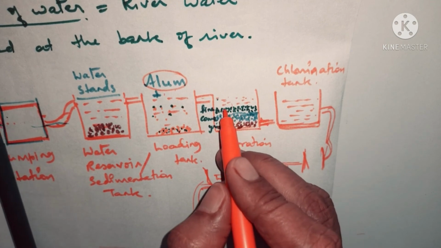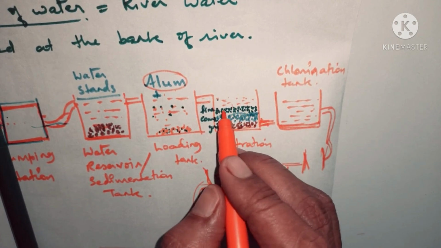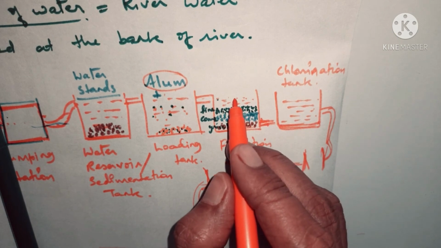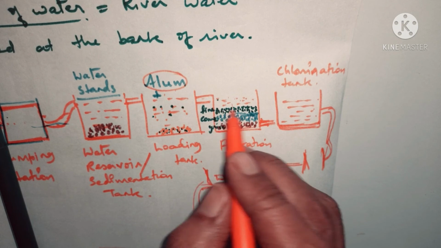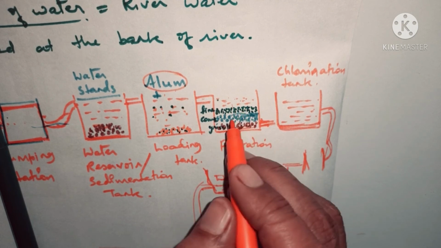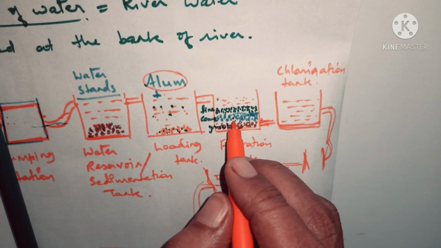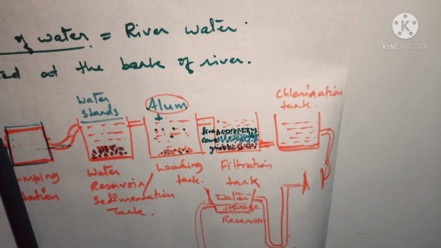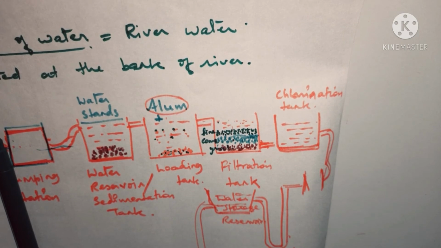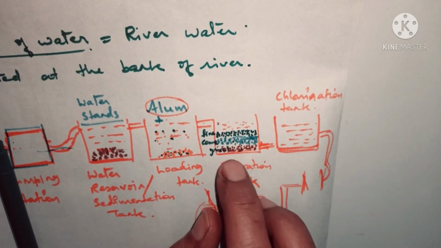When it passes through the fine sand particles, many of the impurities present in this water stop here only. Then whatever goes down passes through the coarse sand layer in the middle, and then through the gravel.